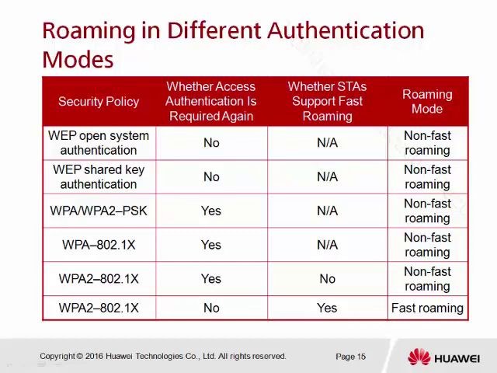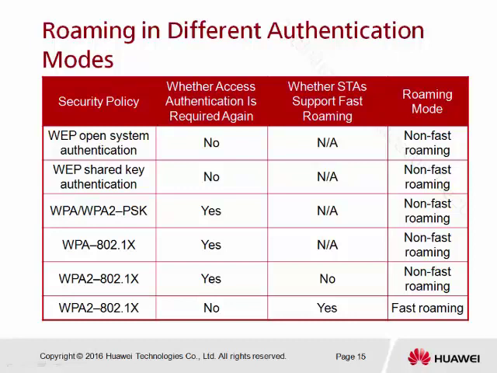So this is the reason why sometimes when you do some testing, you notice that when one terminal roams from one area into another area, the client is required to do the authentication again. It is because of the security policy that you set. If you are using WPA or WPA2 with PSK, or currently using 802.1x to do the authentication but the encryption is WPA, this kind of security policy is not allowed to do free authentication.